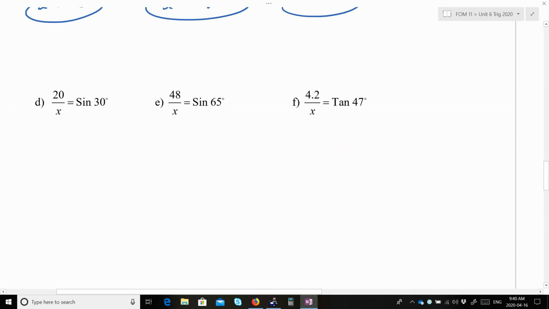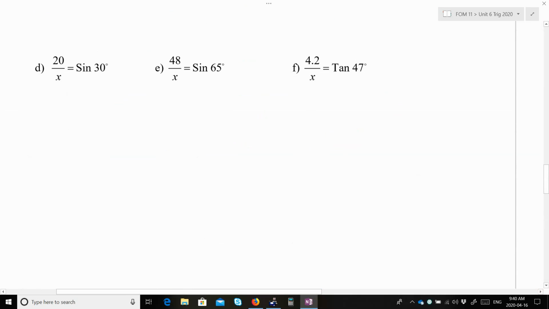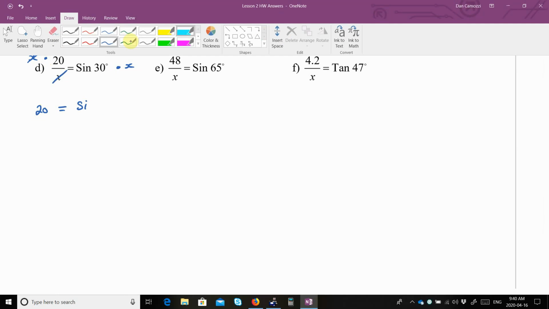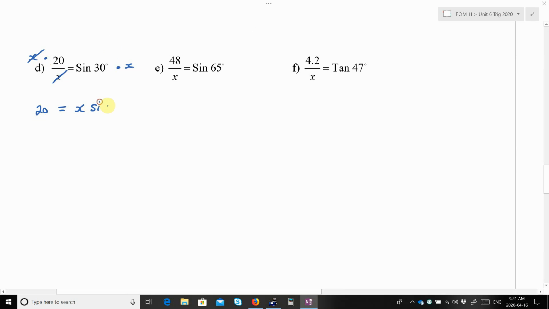Letter D, 20 divided by x equals sine 30. Okay, we saw a little trick for this. Basically, the x and the sine 30 are going to switch spots, because what you do first is you have to multiply both sides by x to get rid of the dividing by x, and you end up with 20 equals sine 30 times x, which normally we would write as x times sine 30 like this. And now the x is still not by itself. X is being multiplied by sine 30, so you divide both sides by sine 30.